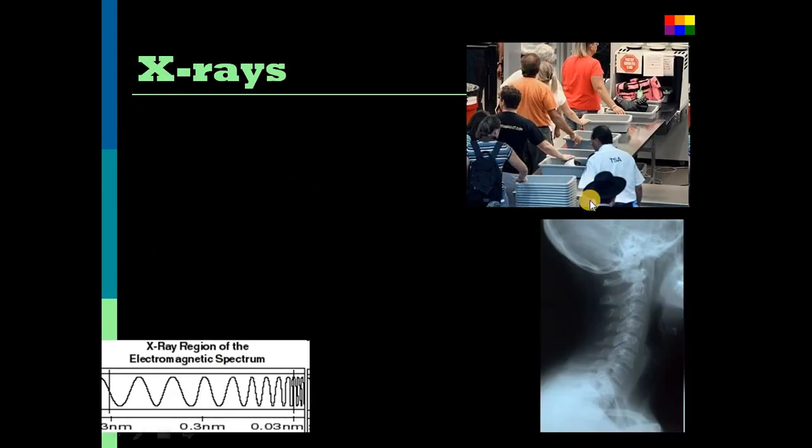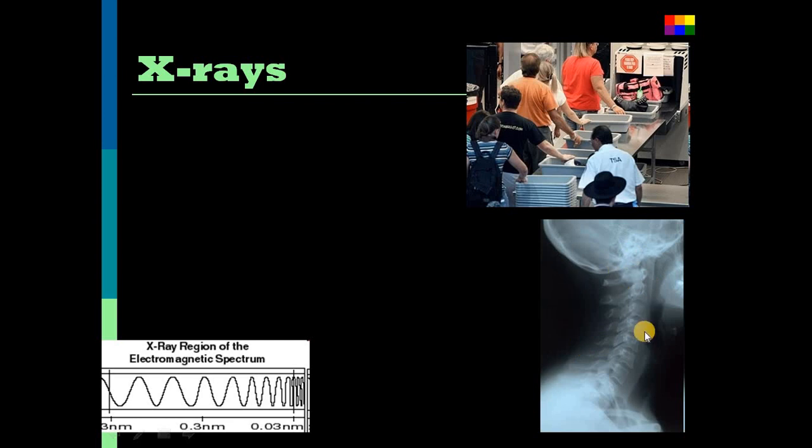Now X-rays. You might have seen this picture at the airport, where all your luggage and bags get scanned. They have very high frequency and low wavelengths. The wavelength can be from 3 nanometers to 0.03 nanometer also, but they have the very highest frequency.